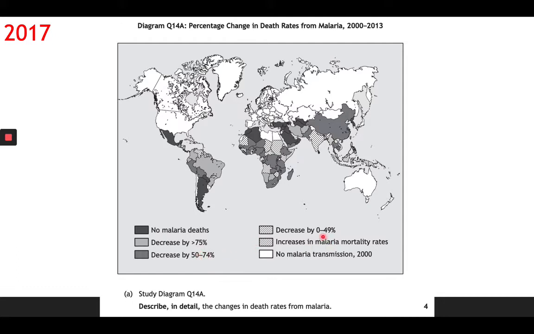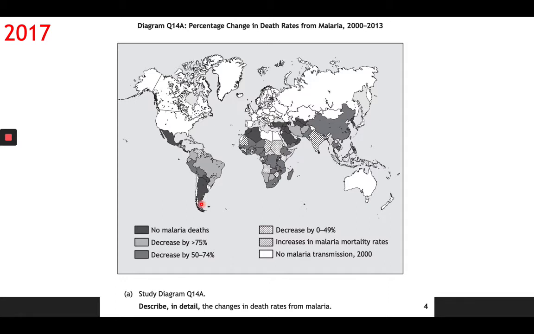And what you can do is you're starting to look at this and start to panic and go, oh my goodness, I don't know any of these countries. This is quite difficult. I know Australia, I know New Zealand, but I don't really know a couple of the other ones. Don't panic. Use regions. Okay, you could say the southern part of Africa, the northern part of Africa, Central Africa. Okay, you could say the south of South America and things like that, and that can help you pick up the marks.